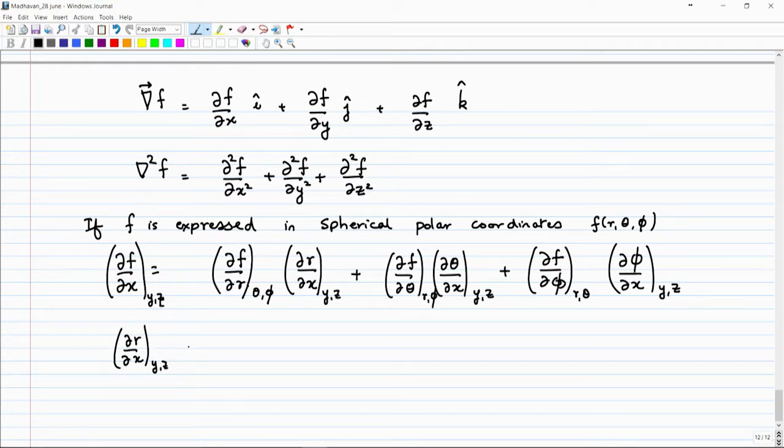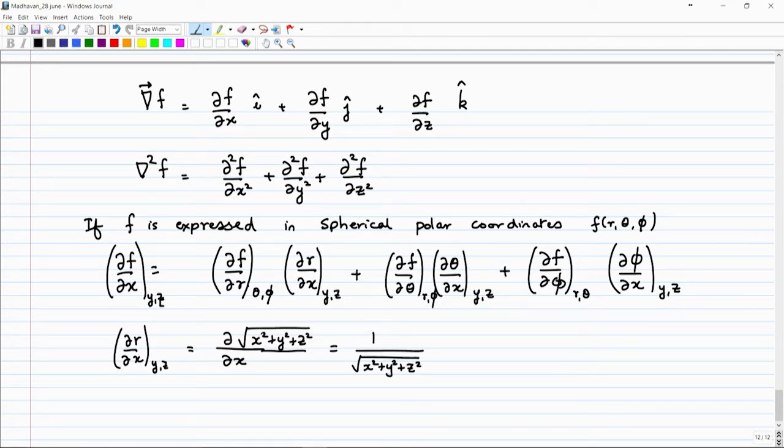What is dou r by dou x keeping y and z fixed? Then you have to write r in terms of x y z, dou by dou x of square root of x square plus y square plus z square. This is keeping y and z fixed, so y and z are like constants. If I take a derivative of a square root, I get 1 over square root of x square plus y square plus z square.